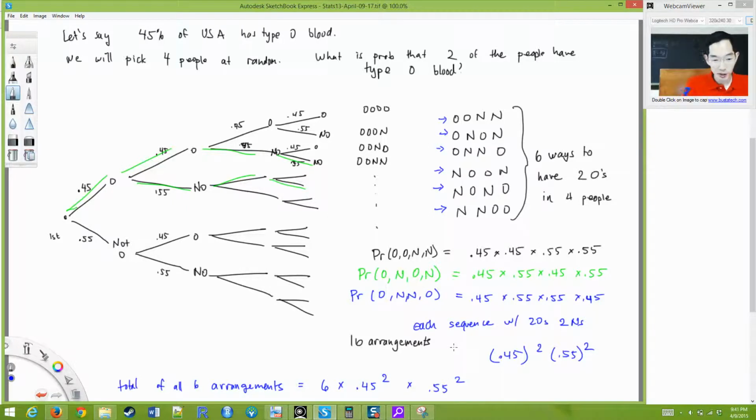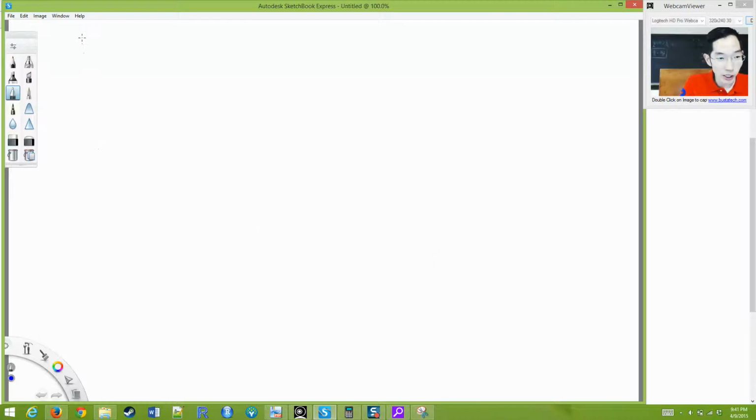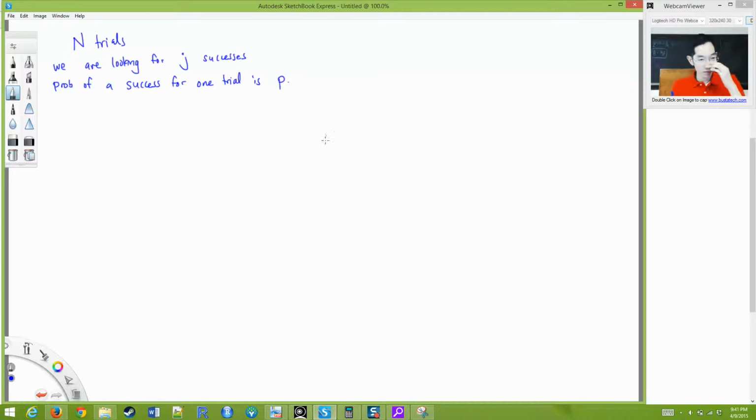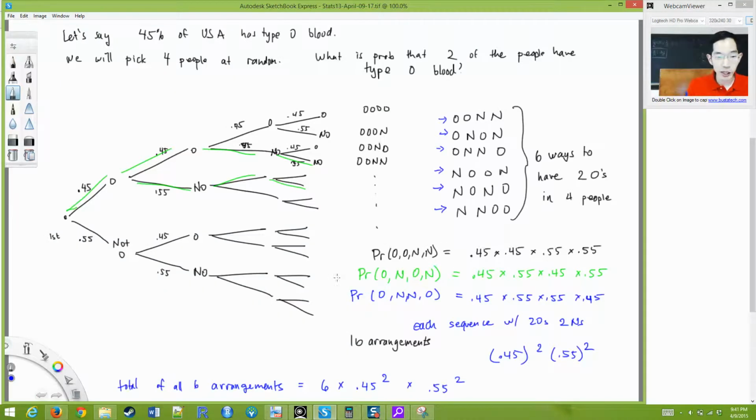So we're going to say that if we have n trials and we are looking for j successes, and the probability of a success for one trial is p, then let me cycle back and copy this so we can see where this is coming from.